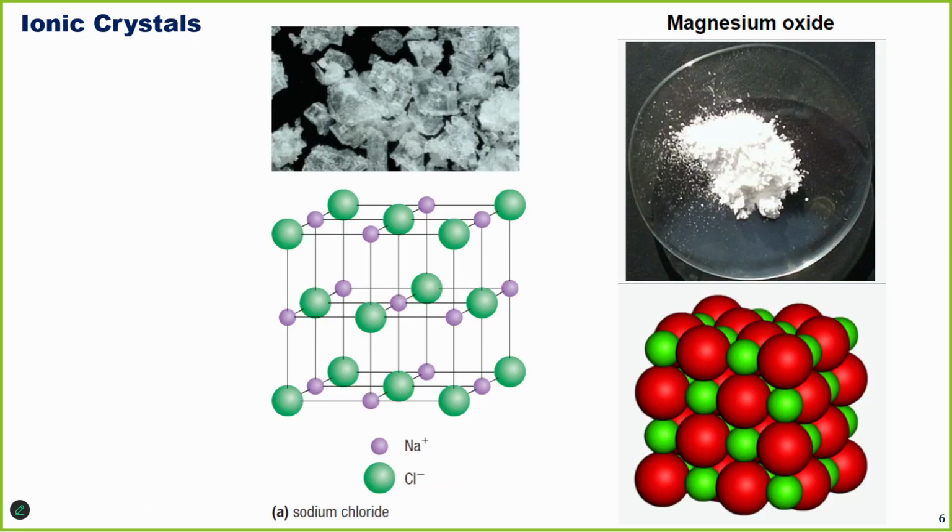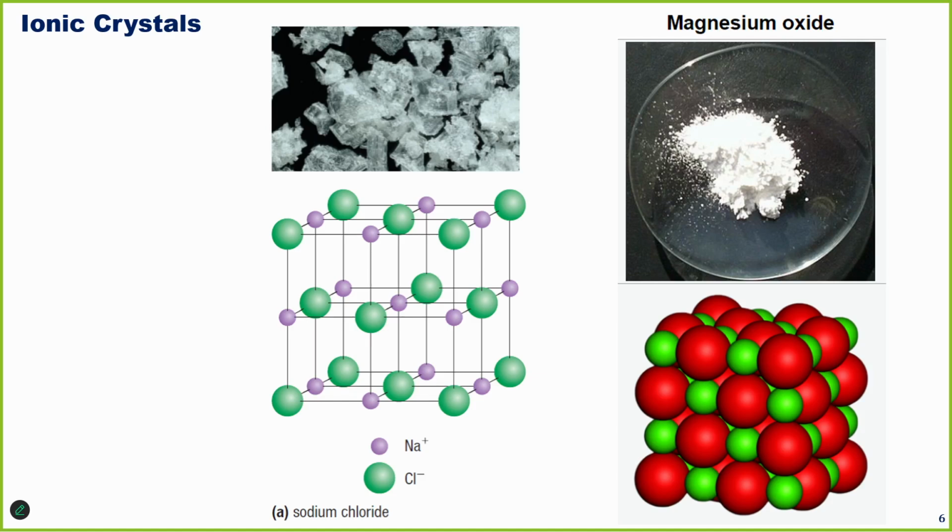You are already familiar with ionic crystals because we have studied the ionic bond that forms between sodium and chloride ions. This ionic crystal forms from the interaction of metal and non-metal ions, such as sodium and chloride ions.